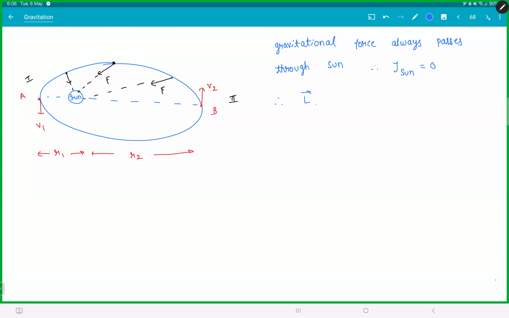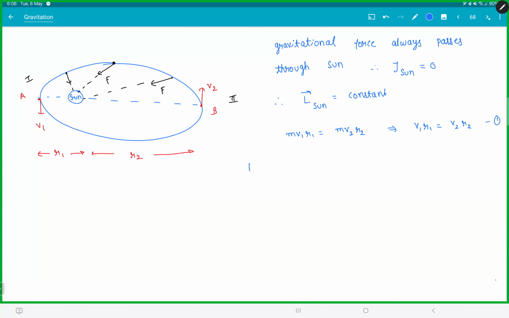Therefore, angular momentum about the sun is conserved. So the angular momentum will be mv1 r1 equal to mv2 r2. So we have v1 r1 equal to v2 r2.